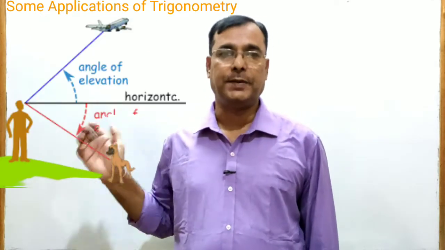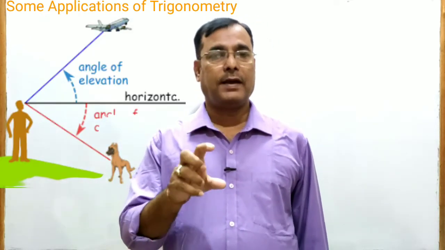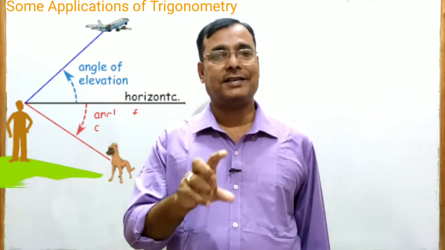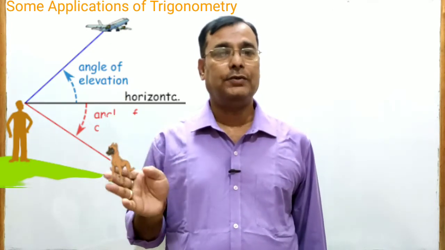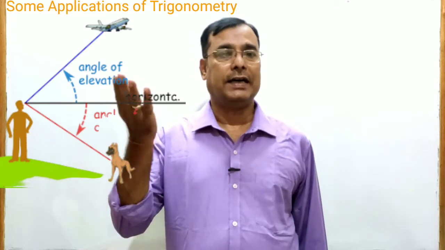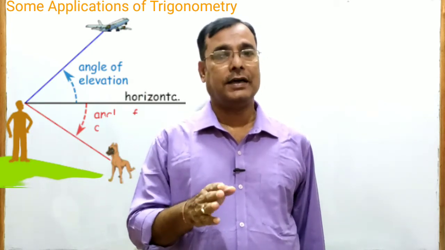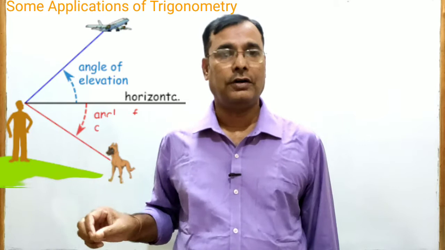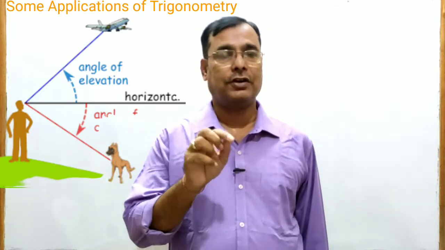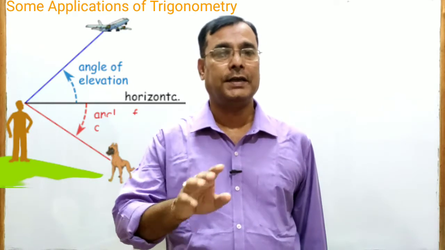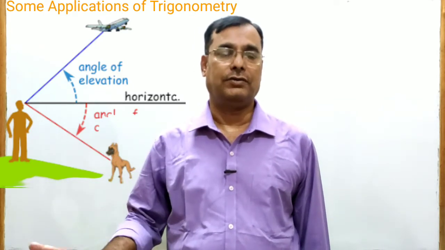Now look at this figure. An observer is at some height and can see an aeroplane, which is above his eye level, and he can also look at a dog, which is below his eye level. The horizontal is drawn through his eye point, parallel to the level ground.